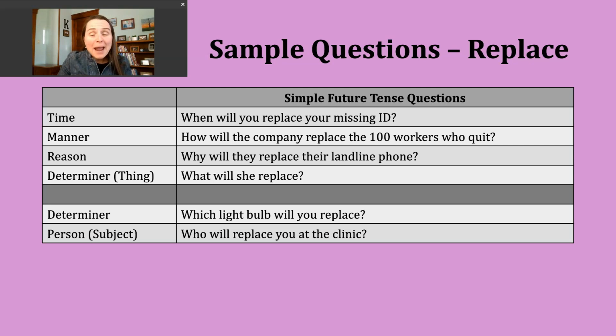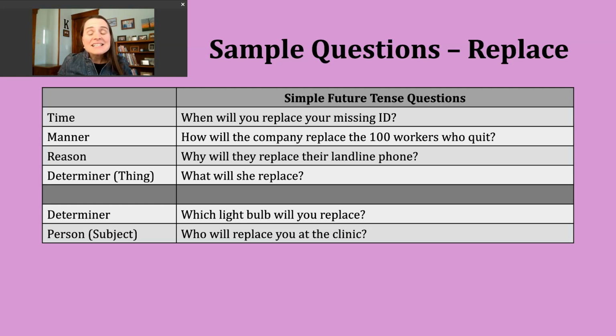Okay? So our pattern here, we'll have our question word which, we're going to have a noun, and then we'll follow that other pattern. We'll go back to will, subject, base verb. An example of this, which light bulb will you replace? Right? So maybe we're in a room where there are many light bulbs, right? And so we're asking someone to make a choice or select one.